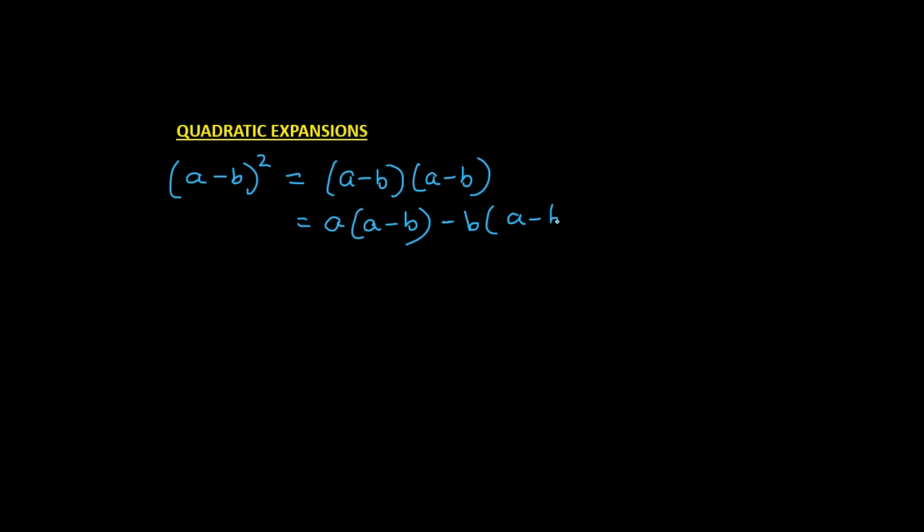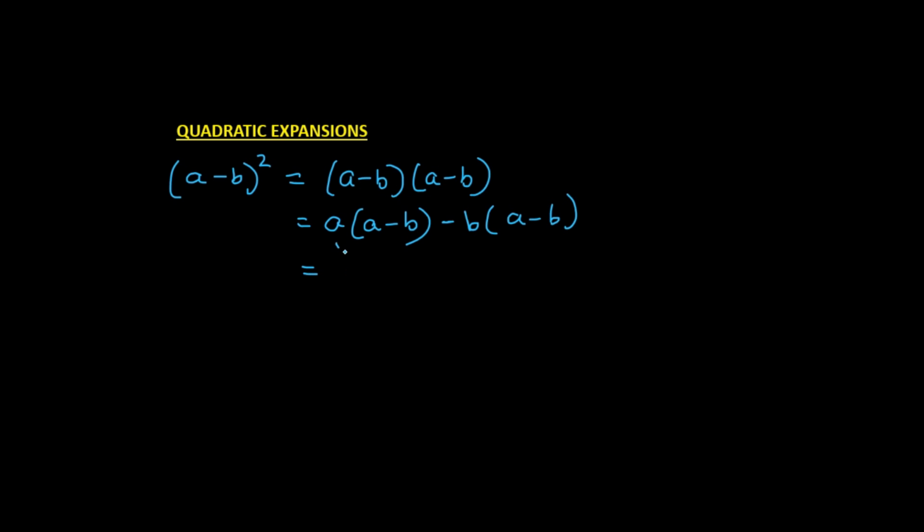The next quadratic expansion will be (a minus b) whole square. (a minus b) whole square can be written as (a minus b) into (a minus b). Let us distribute a over the second bracket and negative b over the second bracket.